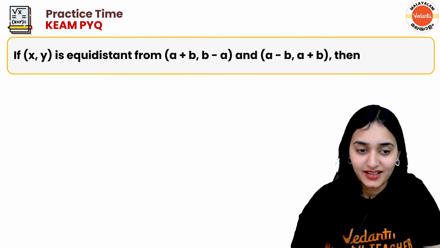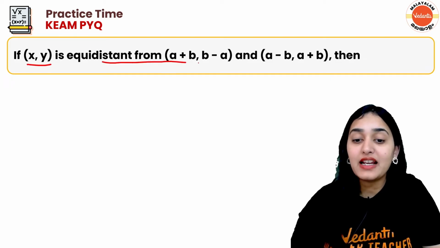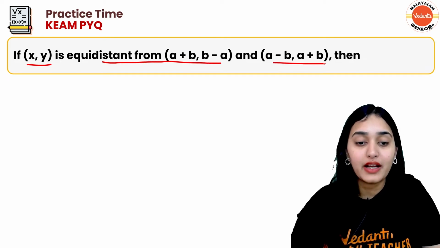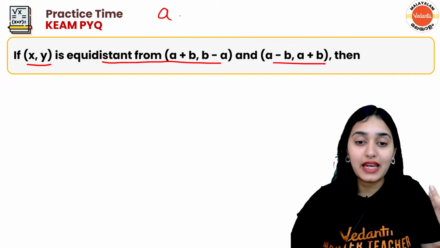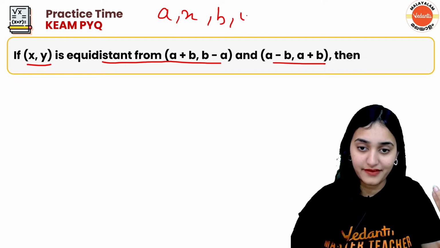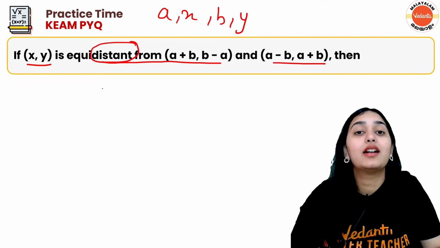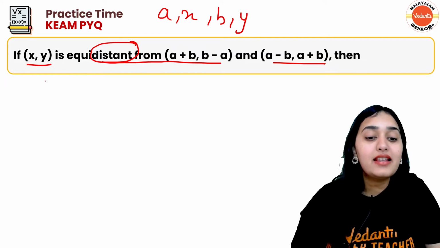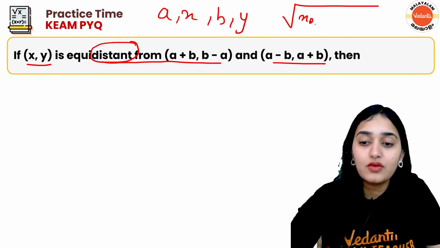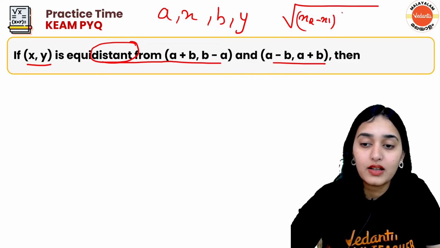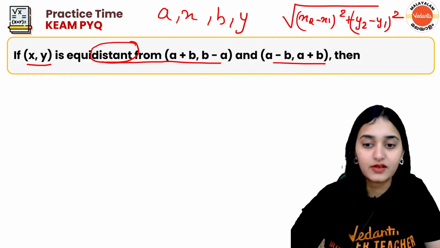Okay, next. If (x, y) is equidistant from this point and this point, then what is the relation between a, x, b and y? Now, how do you find out? The distance of a point formula is the square root of (x2 minus x1) whole square plus (y2 minus y1) whole square.